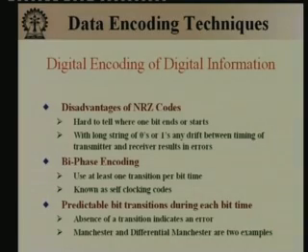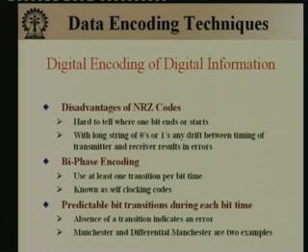So, this is a problem of NRZ or NRZI, which is taken care of by some other kind of encoding. We will come to that later on. So, this is just a quick look at the disadvantages of NRZ code: it is hard to tell where one bit ends or starts. With long strings of zeros or ones, any drift between timing of transmitter and receiver results in errors.